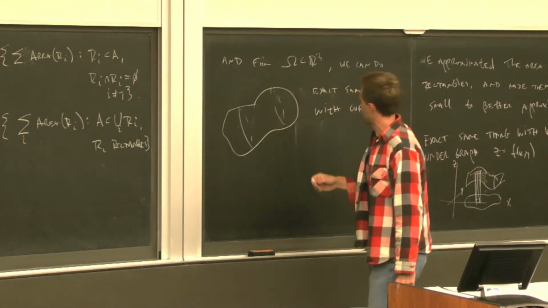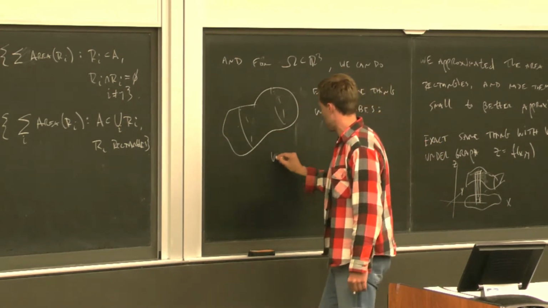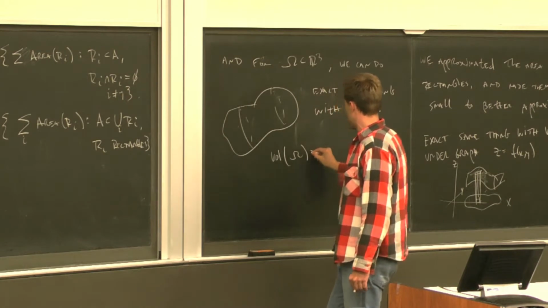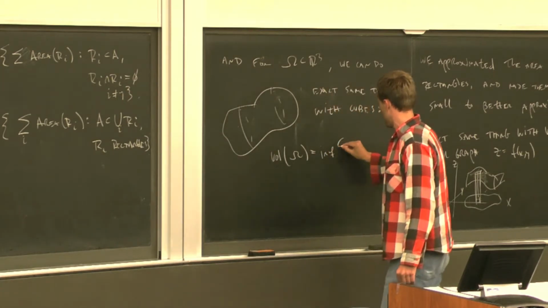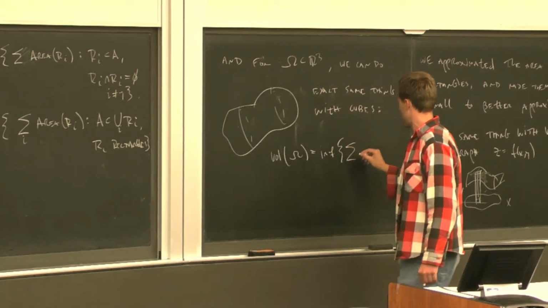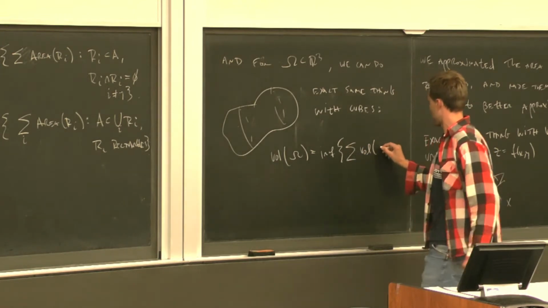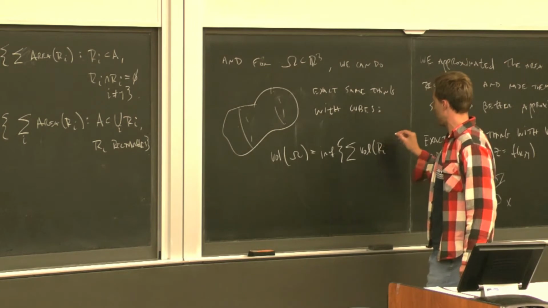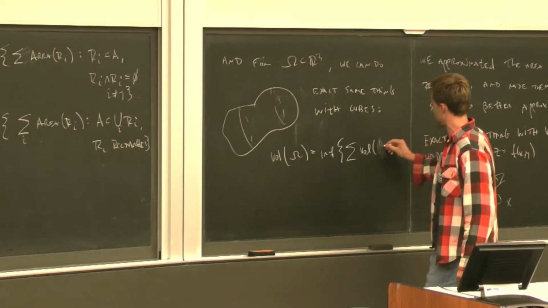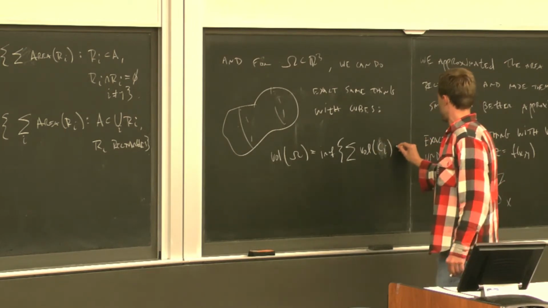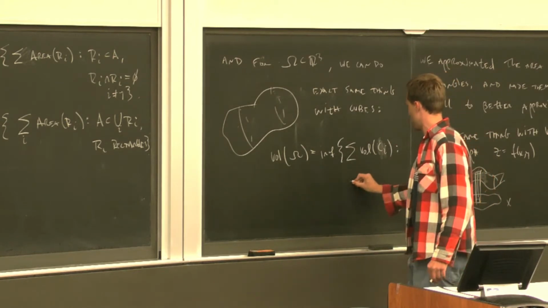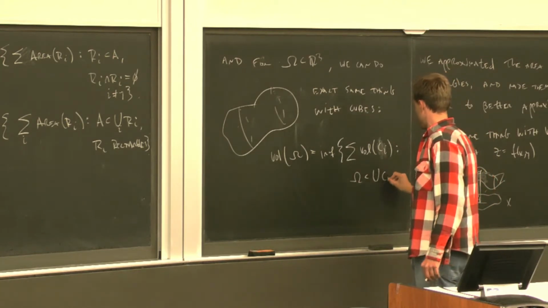So the volume of omega is equal to the infimum of the sum of the volumes of the C_i's, such that omega is a subset of the union of the C_i's.